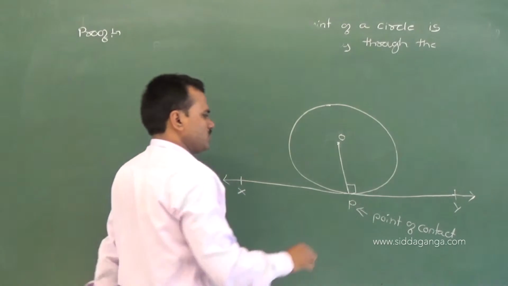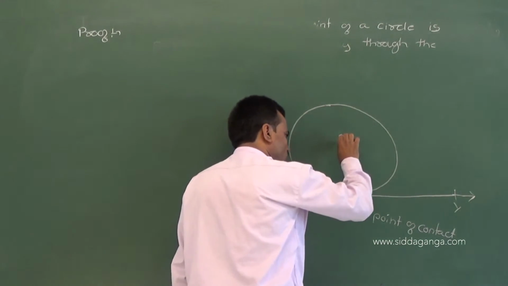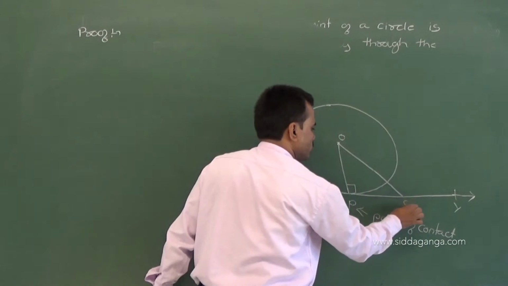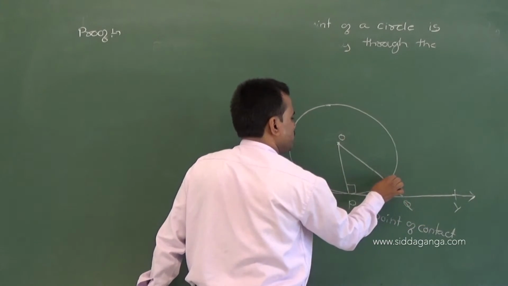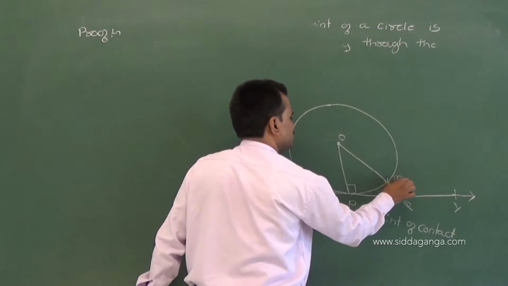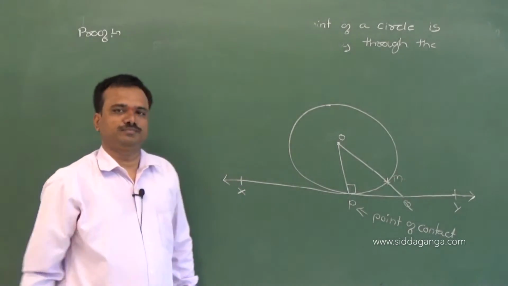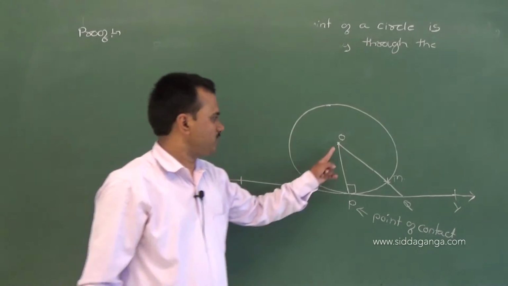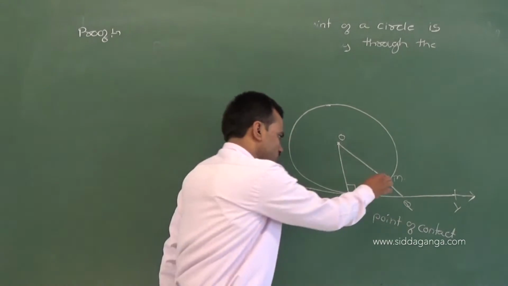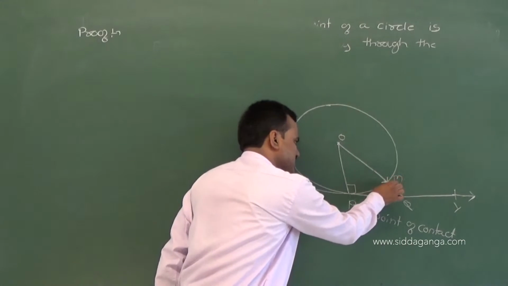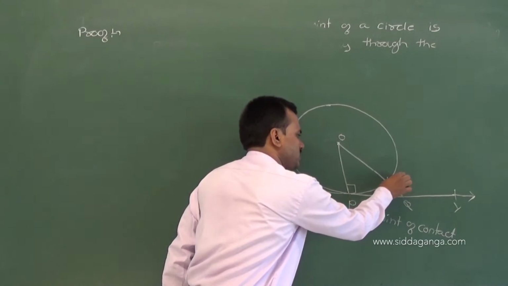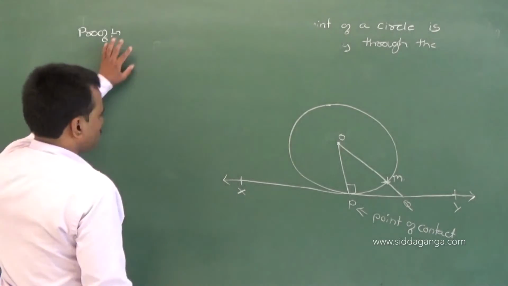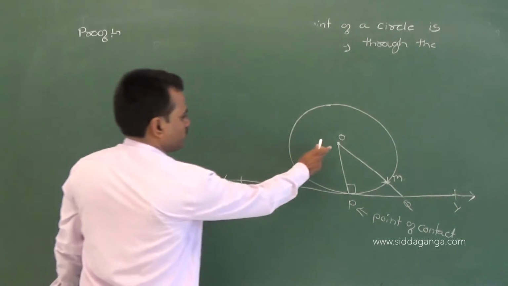What I do, I draw one more line segment OQ, meeting the circle at M. Draw one more line segment OQ. So this OQ meets the circle at a point M. Okay, so this is the construction. Proof.